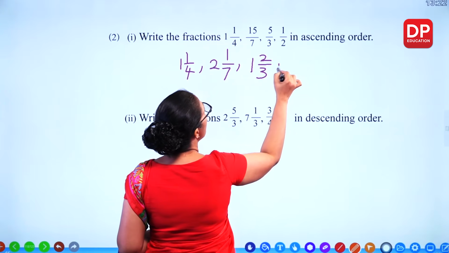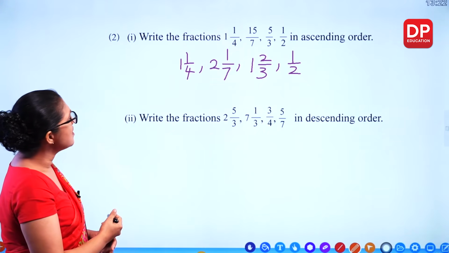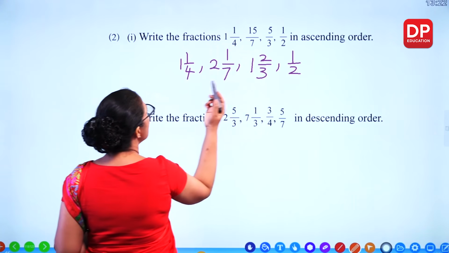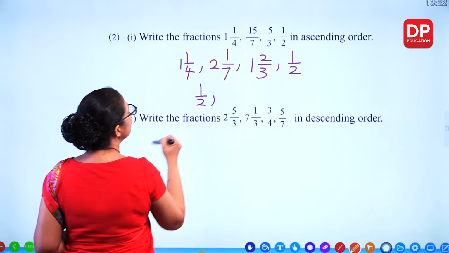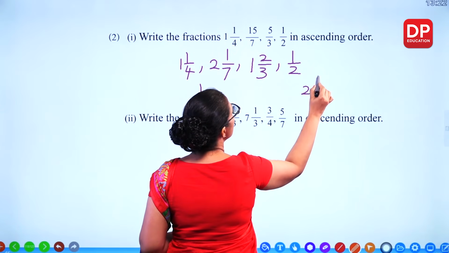And then the other one is half. Straight away you can see the smallest is half. Other parts you get 1 whole part. So half is the lowest. Highest we can see 2 and 1/7.